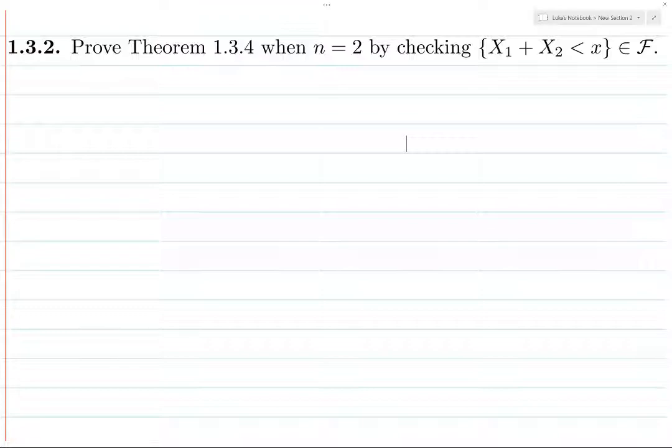So what we want to check is that the collection of elements lomega such that x1 of lomega plus x2 of lomega is strictly less than x is a set contained in the sigma algebra F. Let's see here.